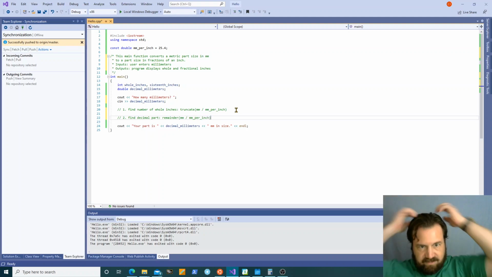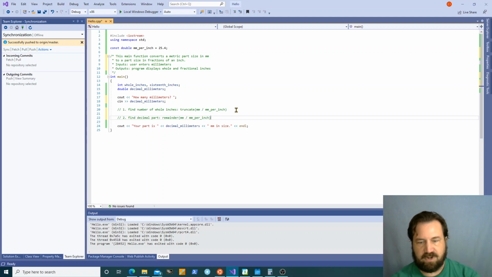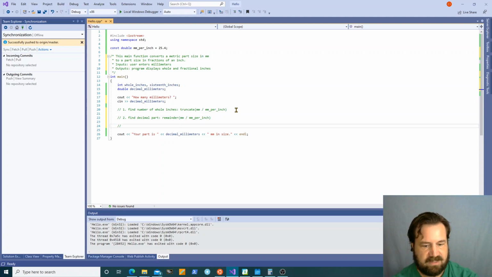Okay, that'll give me the decimal part, and then 3, turn decimal part into sixteenths of an inch.